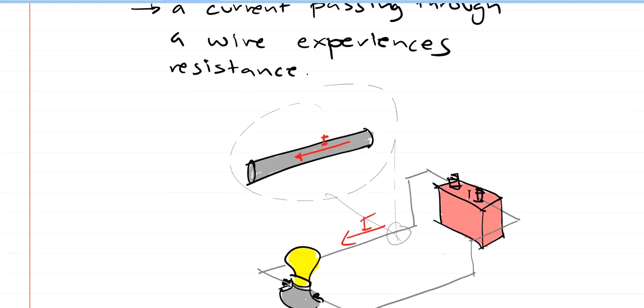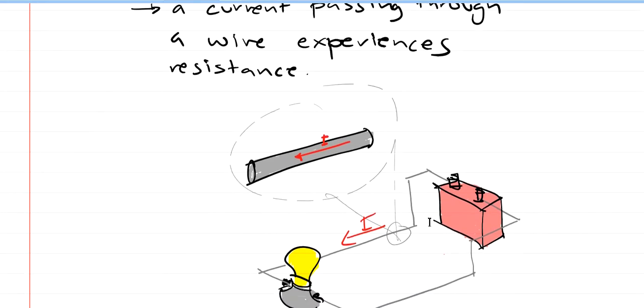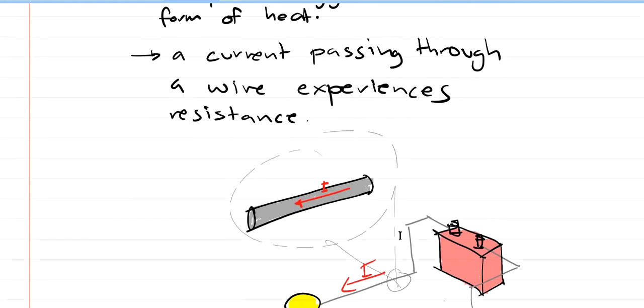Once again, we have this load right here and a source, and because it's connected in a closed path, there's current flowing. So in that wire, when the flow of charge is passing through it, it actually experiences resistance, because there is a material through which the charge has to flow, so it has resistance.